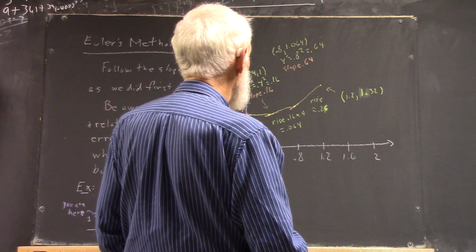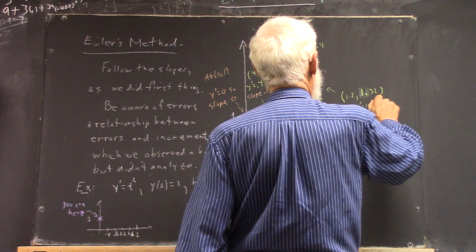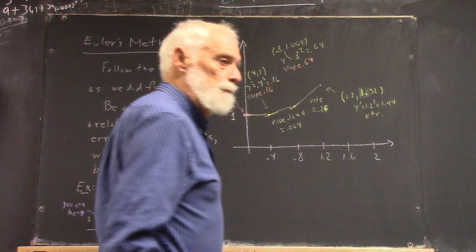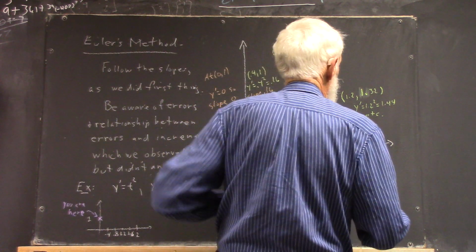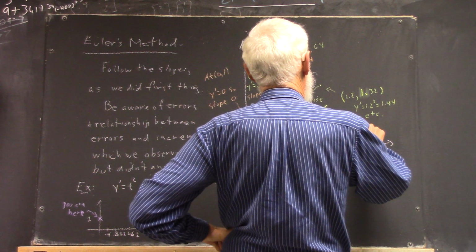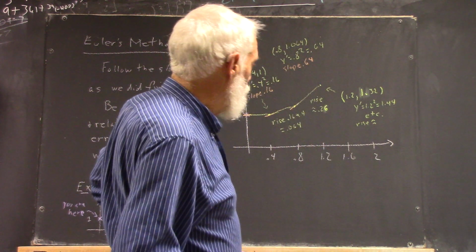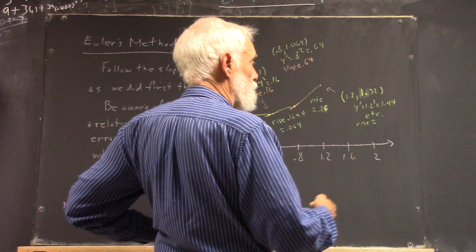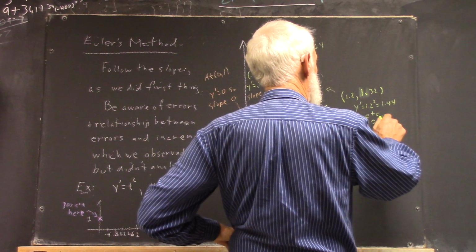And now y prime, slope 1.44, etc. And the rise is going to be approximately 0.4 times that, so it would be 0.576, 0.58.